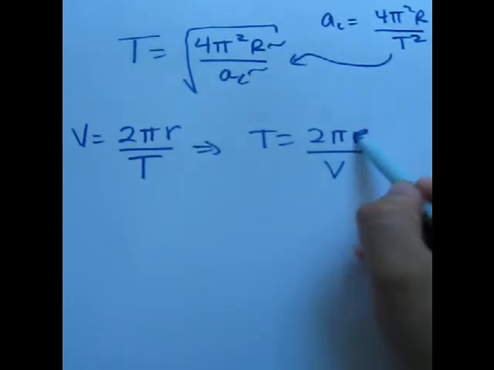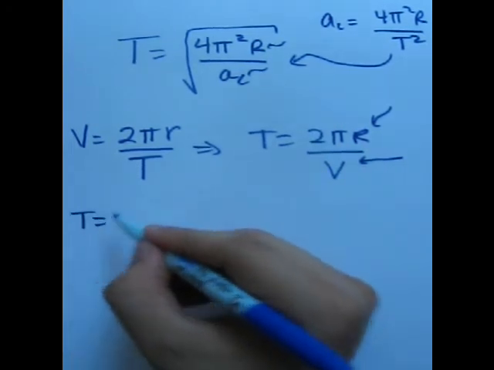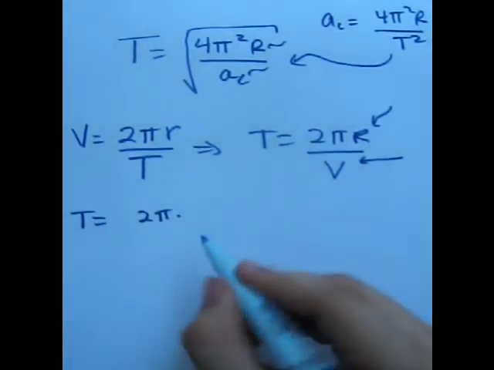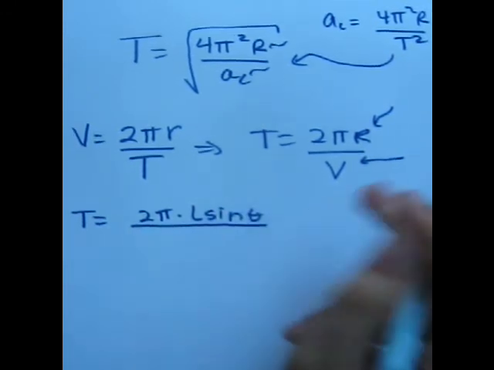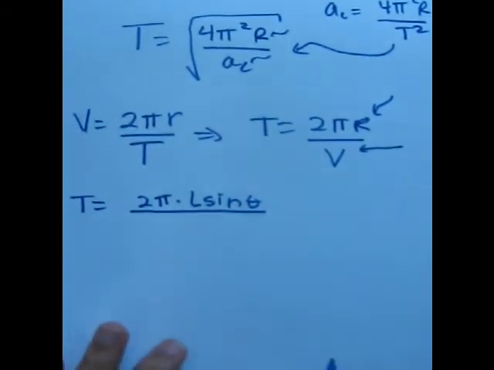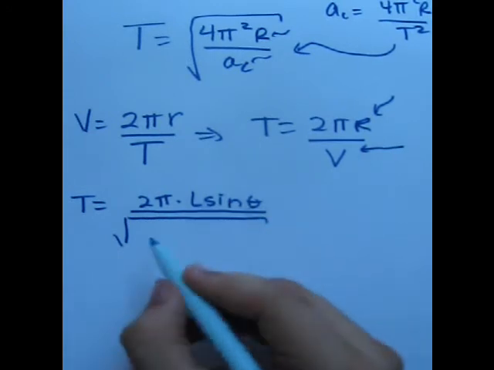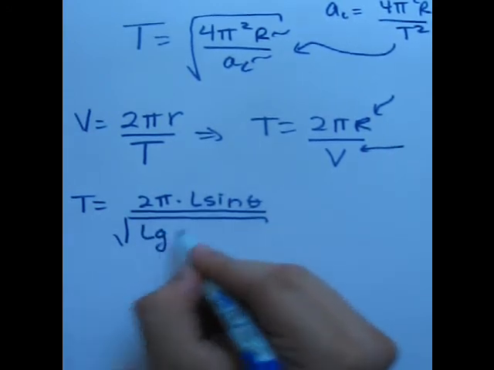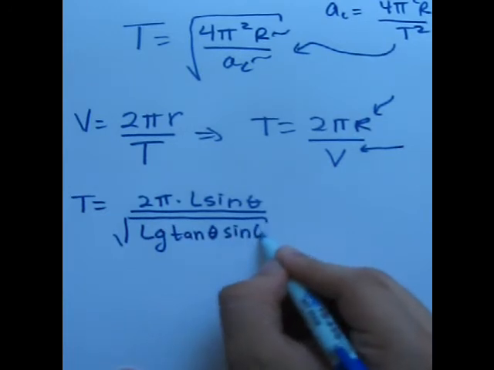So it's better to use this equation, which has an R and a V, and it's a lot more simplified. So from part A, we have the 2 pi times R, which was L sine of theta, divided by V, and V, the answer to the first question, which was square root of LG tangent theta sine theta.